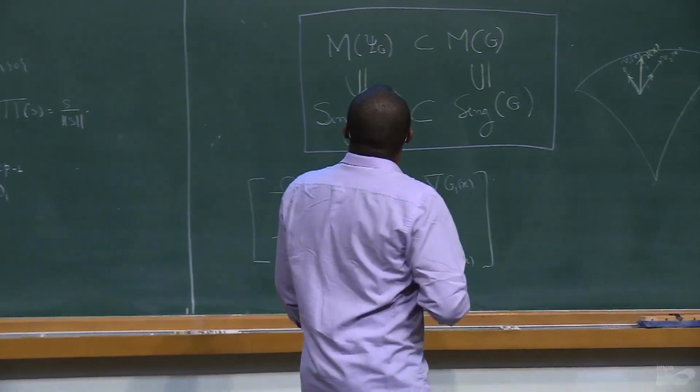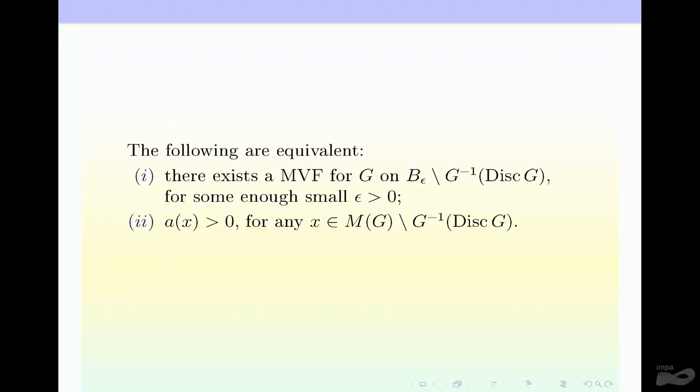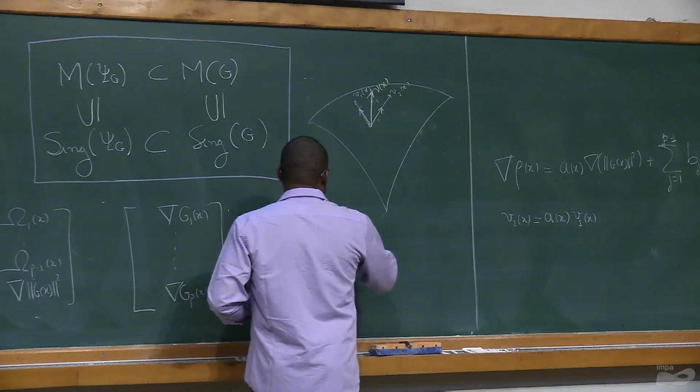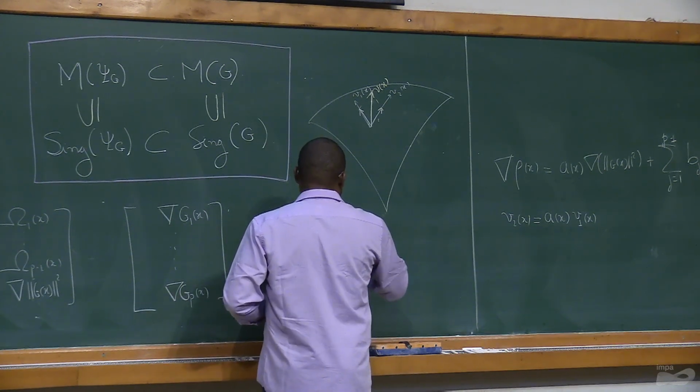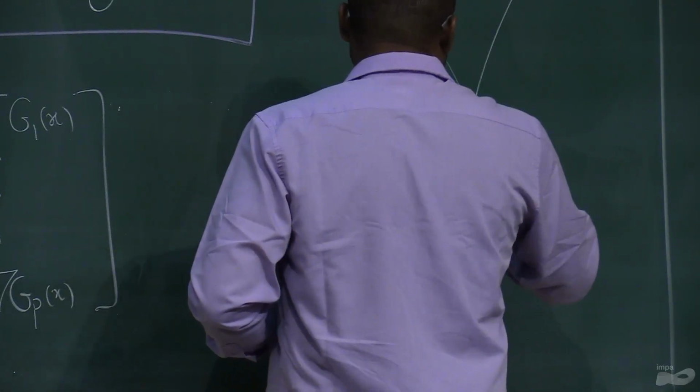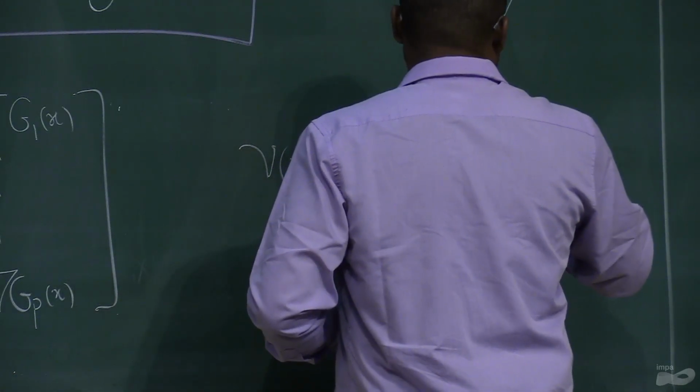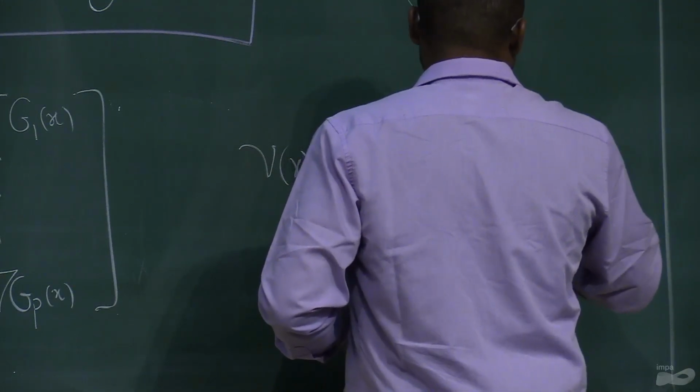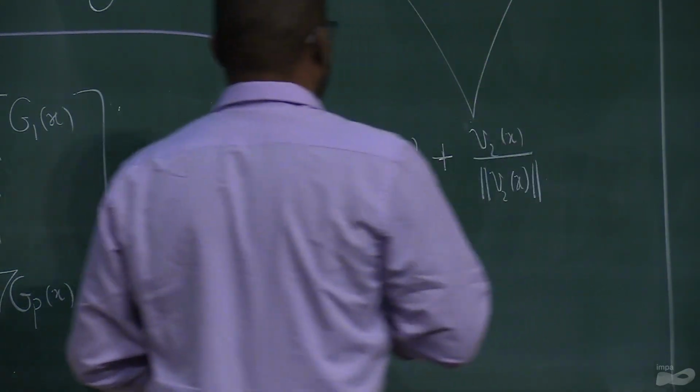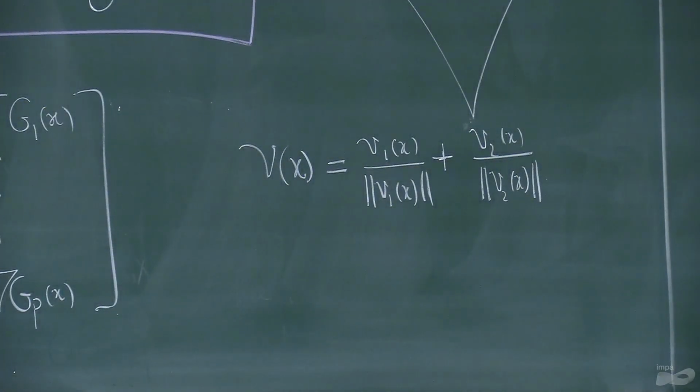Yeah. So anyway, let's check for such a particular candidate for the Milnor vector field. Such a bisector vector field. Just to remind you, it was constructed this way. It has the bisector of V1 and V2, okay?